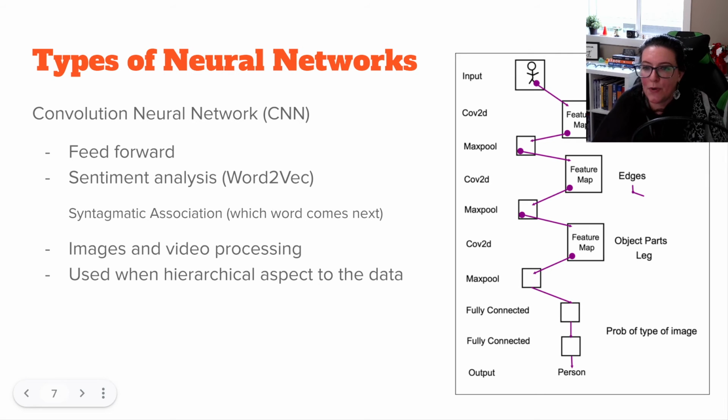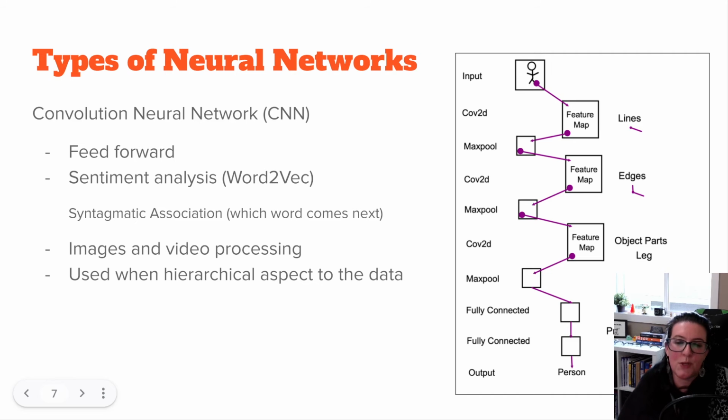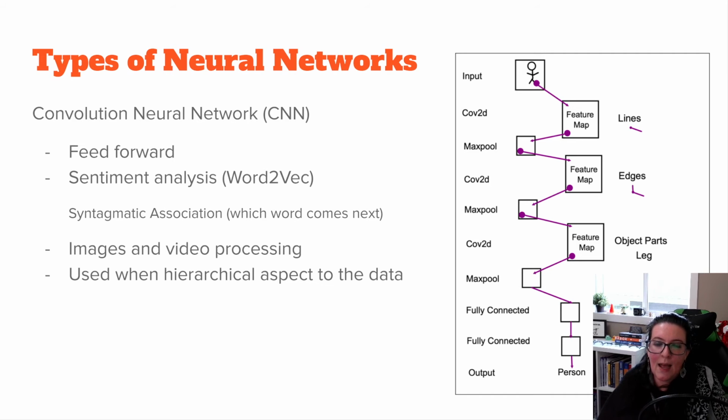So for example, with the CNN, we would start with an input, which is this picture, and we would have a feature map, and it starts to learn to look for certain features. So it starts with lines. Then it's going to look for edges. Then it's going to find that that edge is going to be parts of legs.